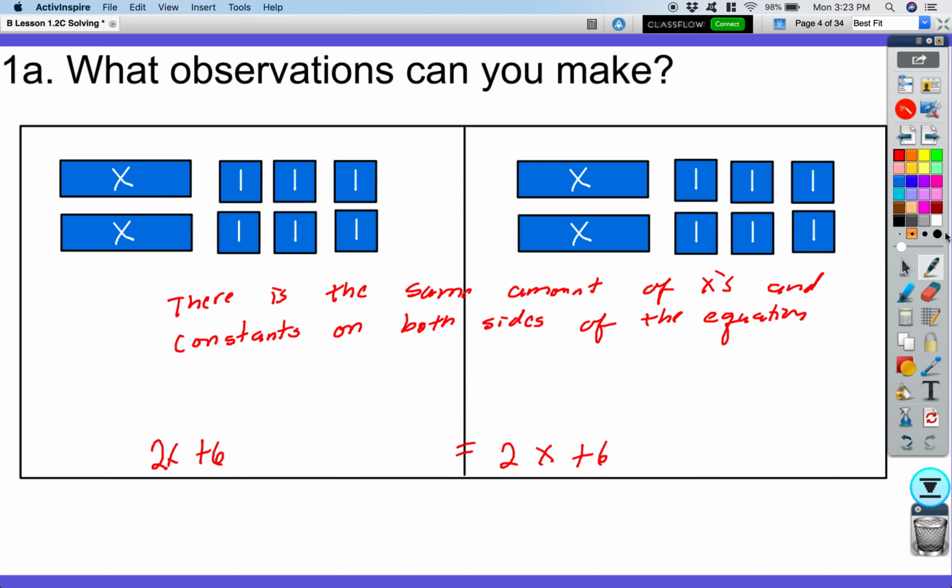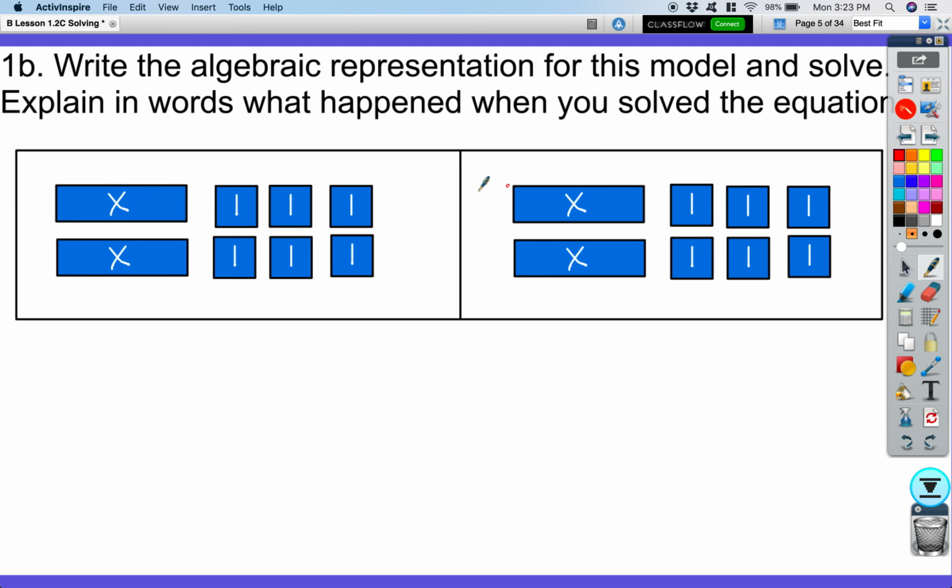Essentially, the equations are exactly the same. So let's look at what happens when I solve. Write the algebraic expression. We kind of already did this on the previous one, so let's go ahead and do it now. I have 2x plus 6 constants, and I will set that equal to 2x plus the 6 constants.